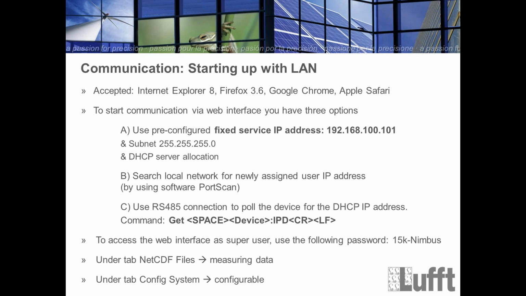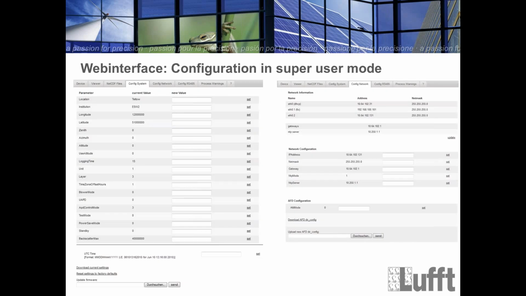You will find this information in one of the videos too. Also, the RS485 is listed over there. And then of course you can access the raw data, for example, or configure the instrument over the web interface. Here's how it looks. The configuration is on the left side.